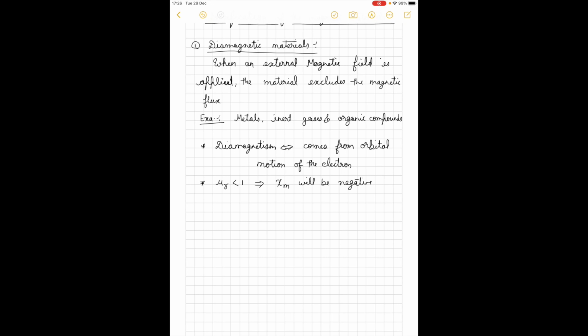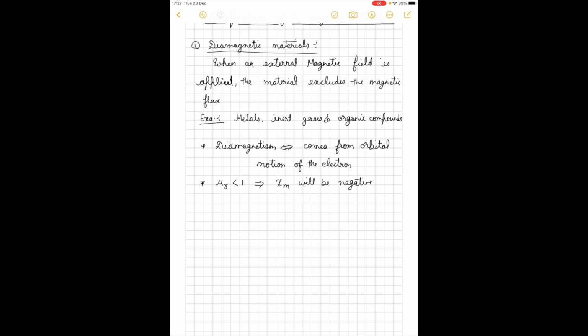One can also note that the atoms in a diamagnetic material do not have a net dipole moment if you do not have any magnetizing field, meaning that once you apply the magnetizing field, the magnetic moment gets generated at an atomic level. If we have even numbers of electrons, there won't be any net magnetic moment.